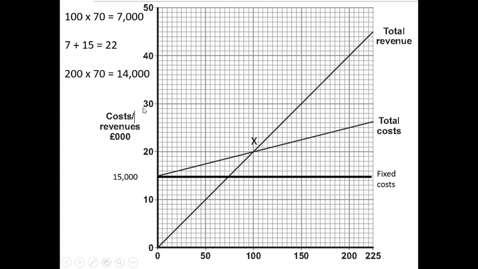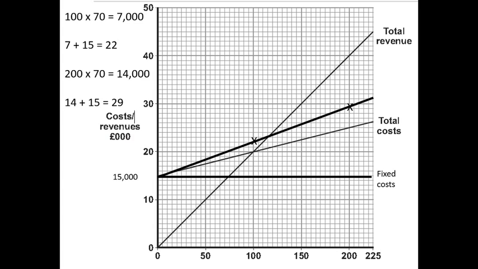Again, total costs equals fixed cost of 15,000 plus my variable cost of 14,000, so that would be 29,000. So when I'm catering for 200 parties here, my total costs are going to be 29,000, just around there, and I would mark that with an X, and then I would get a ruler.